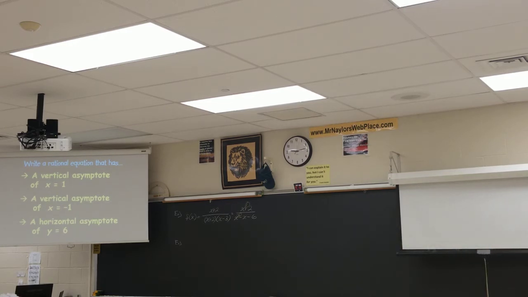And then I'll help you figure out the new element. So we've got a pair of vertical asymptotes, 1 and -1. And we have a horizontal asymptote at 6.